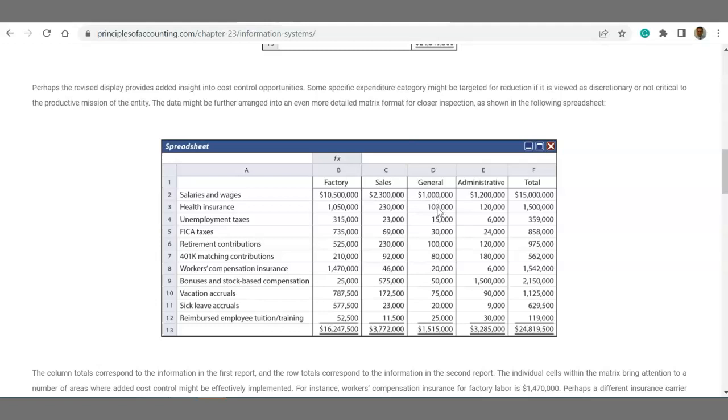In the general expenses department, you have $1 million of salaries, and let's say bonus is like $50,000. And administrative is $1.2 million of salaries, and the bonus is, wait a moment. Look at this bonus. You see how big this is?